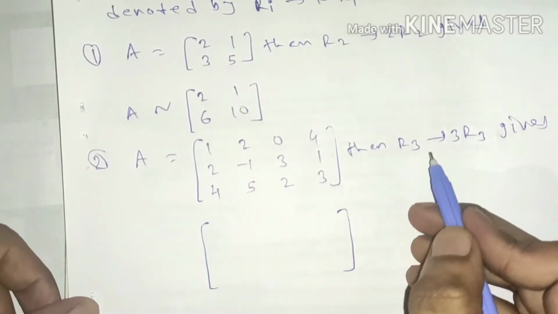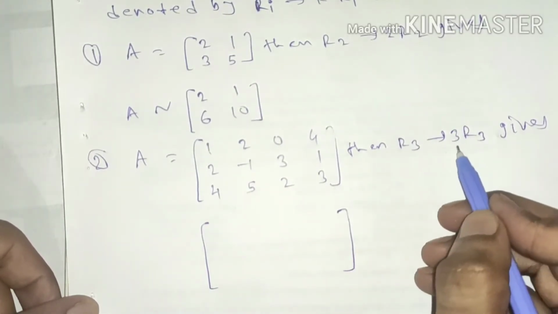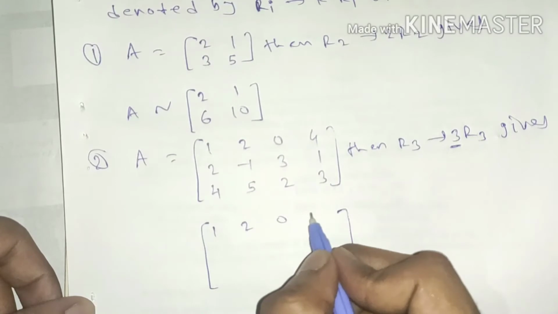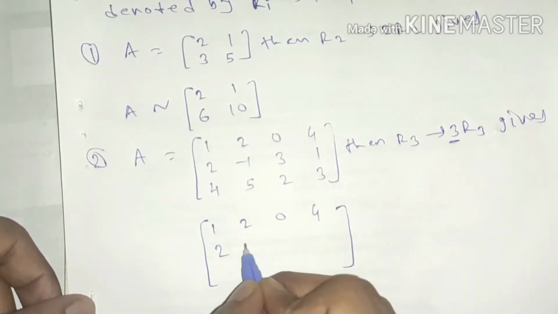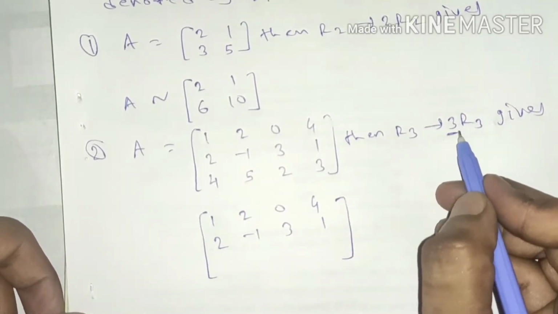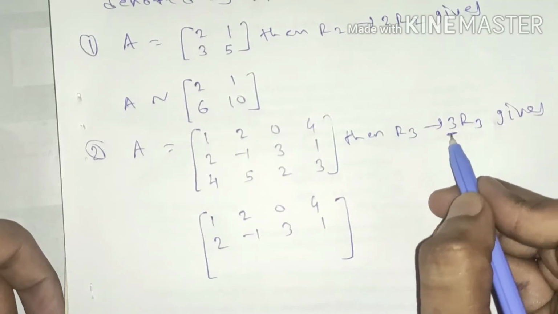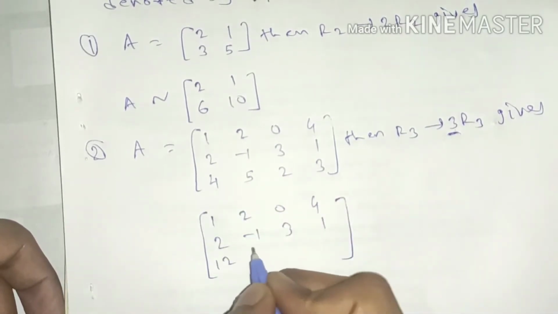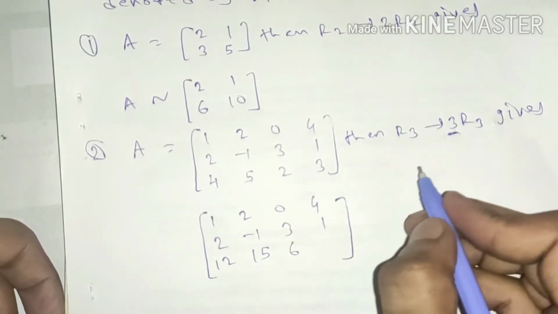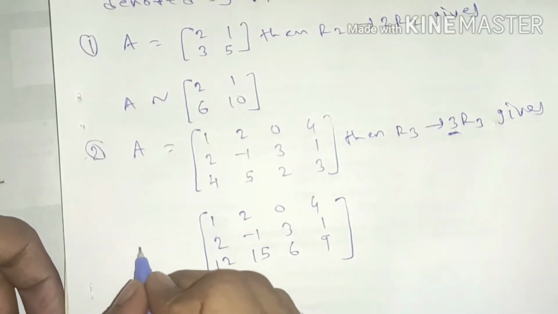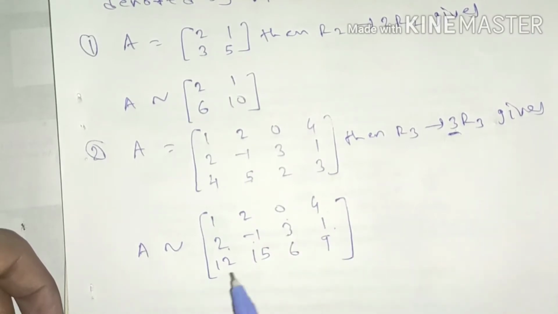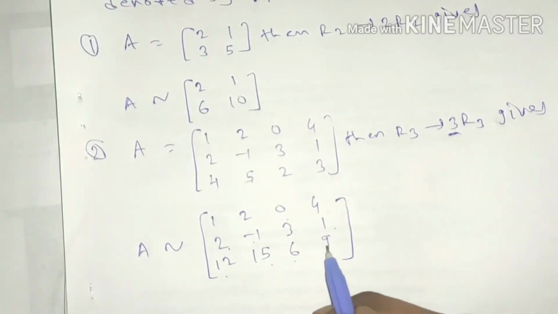So here we multiply the third row by non-zero scalar 3. So the first and second rows are the same: 1 2 0 4 and 2 -1 3 1. For the third row, multiply every element by 3. So 4 into 3 is 12, 5 into 3 is 15, 2 into 3 is 6, and 3 into 3 is 9. So we say the given matrix A is equivalent to the matrix with rows 1 2 0 4, 2 -1 3 1, and third row 12 15 6 9.